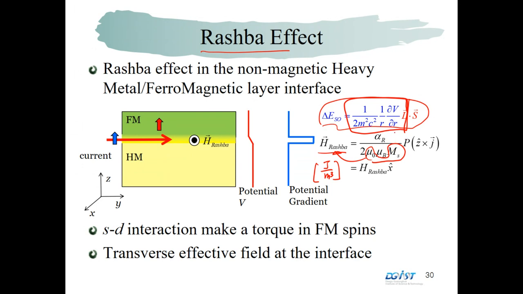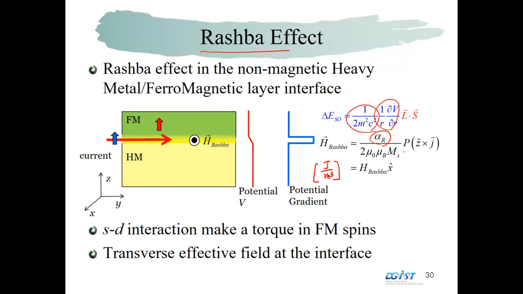So the remaining part must be the energy per volume. And that alpha is called the Rashba coefficient, a kind of material parameter with the unit of energy times meter. Anyway, this is the material parameter, and it includes all these terms.